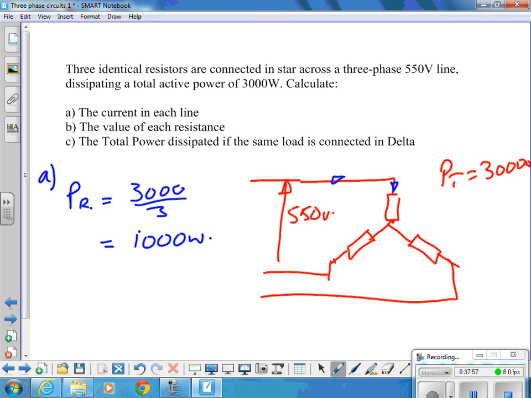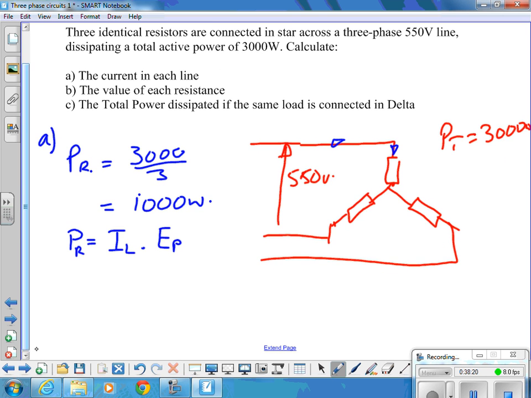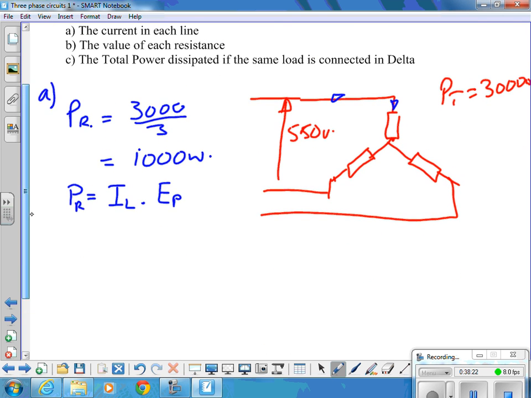We've got a formula, P, that we could also say is IL times E phase, the phase voltage. How can I calculate the phase voltage here?